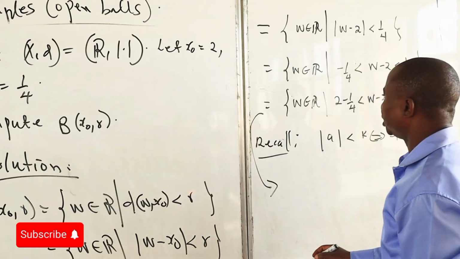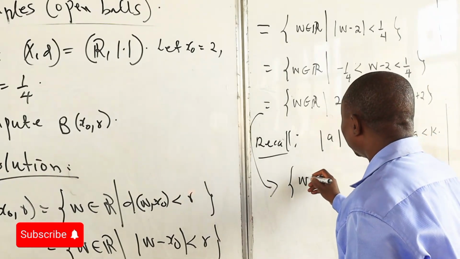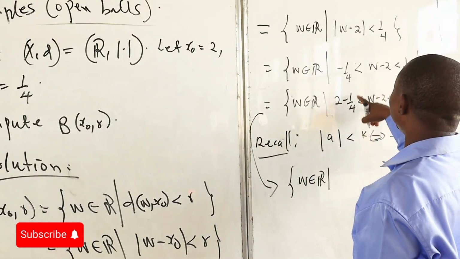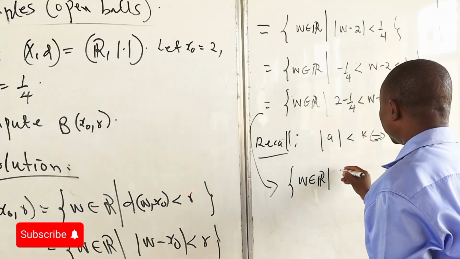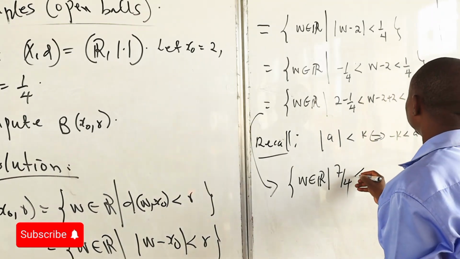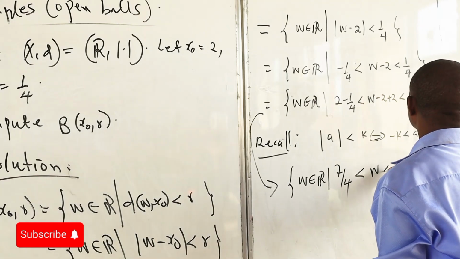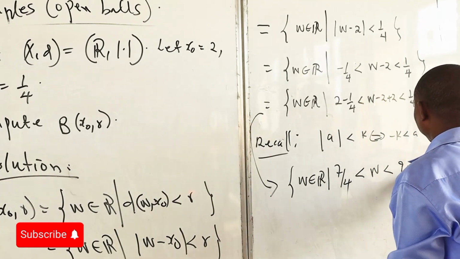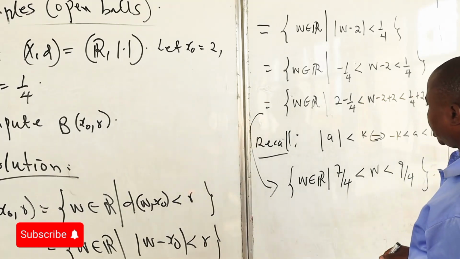From here we get, this is the collection of all w in R such that 2 minus 1/4 will give us 7/4 less than w, and this is less than 1/4 plus 2, which will give us 9/4.